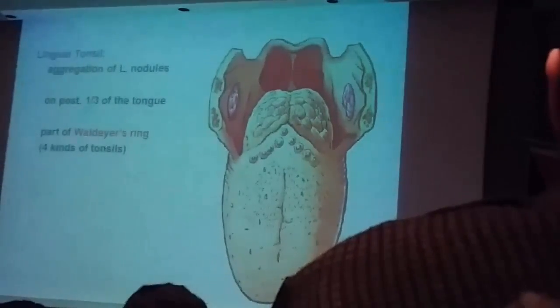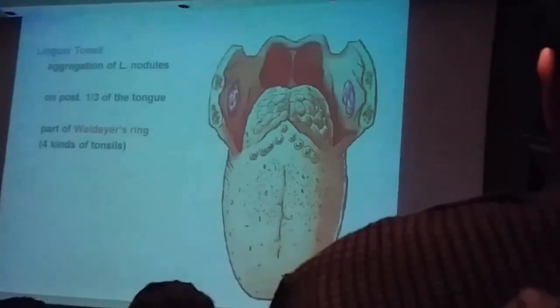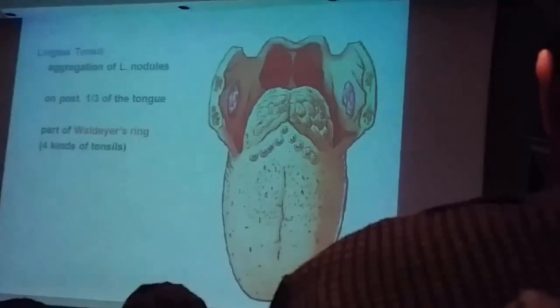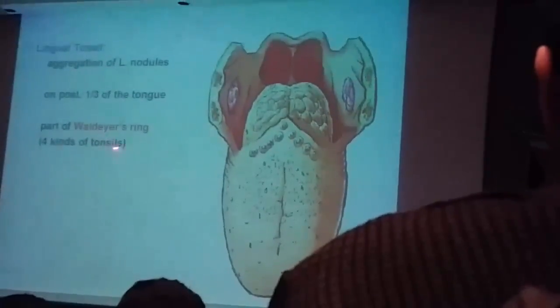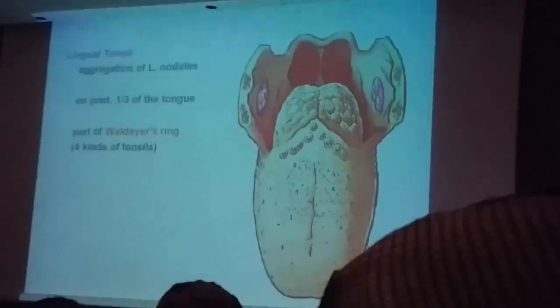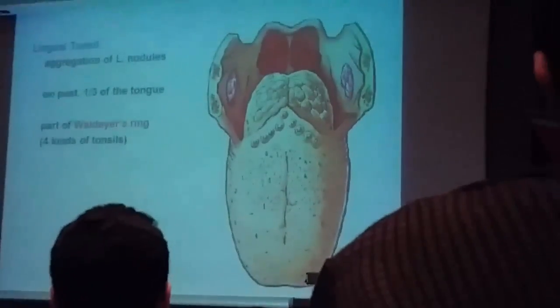This lingual tonsil is part of Waldeyer's tonsillar ring. Heinrich von Waldeyer was a German, that's why the W is pronounced as V. But in American, they still call him Waldeyer. So Waldeyer described 4 different tonsils in your body, located in the pharynx.